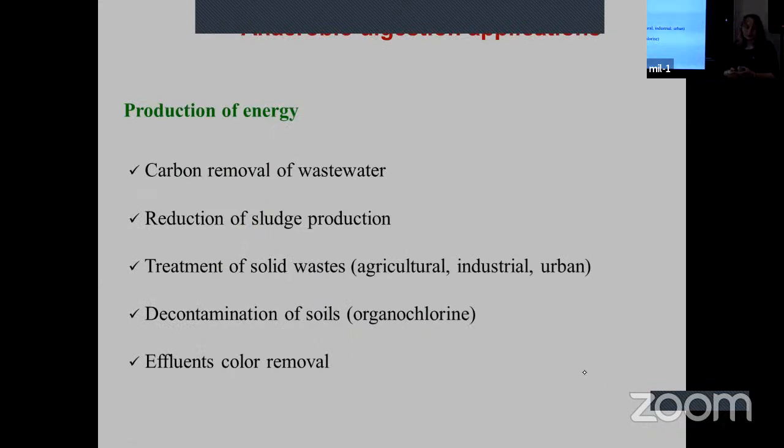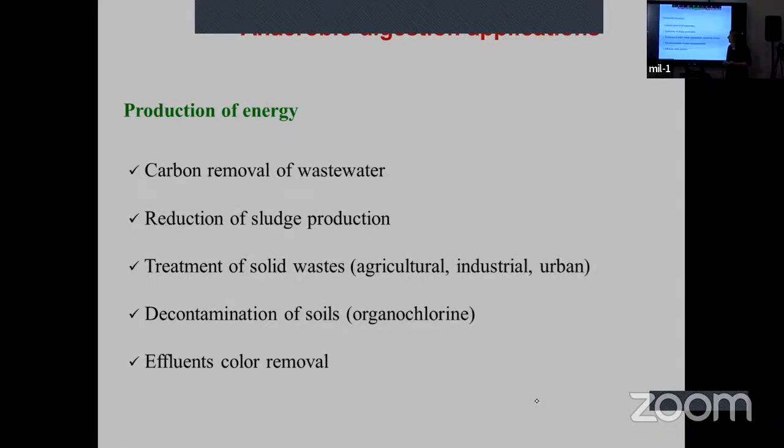So the various applications will be first, and now more and more, the production of renewable energy. You can also use anaerobic digestion to remove carbon from wastewater. You can reduce the sludge to be disposed of, the sludge from wastewater treatment plants.